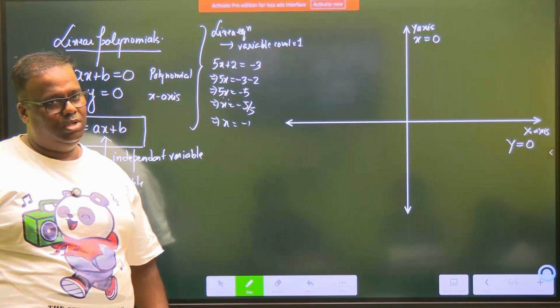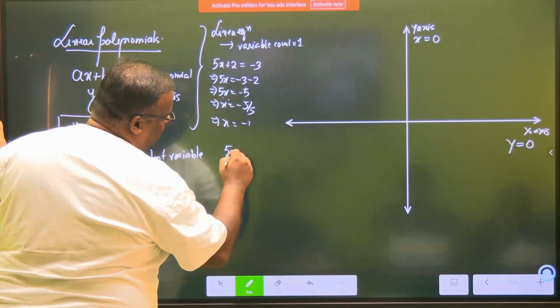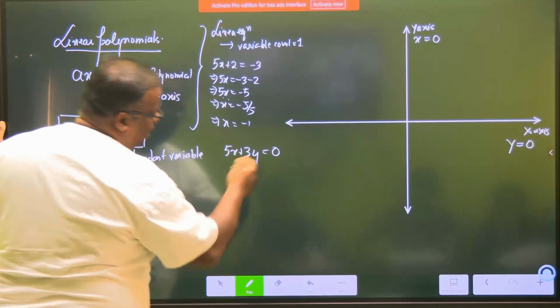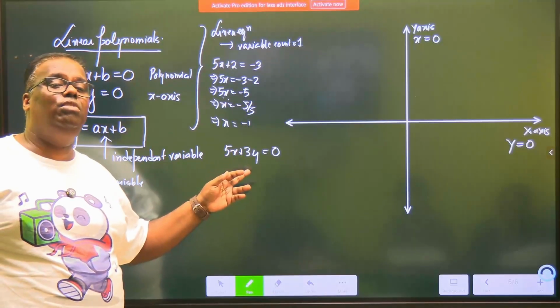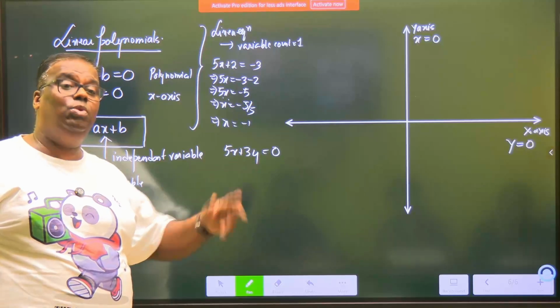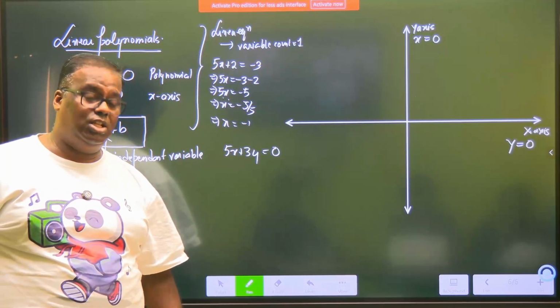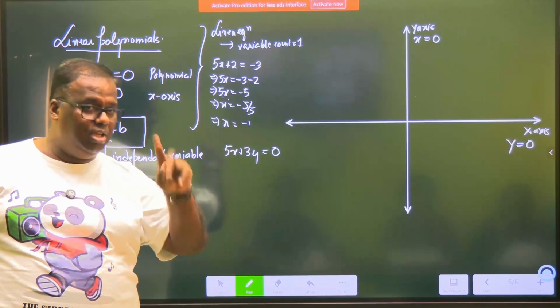Have you understood? However, if your equation was 5x plus 3y equal to 0, and they ask you to find the values of x and y, we can't solve this. How many variables? 2 variables. You will need 2 equations to solve it, which you will do in grade 10. That's why in grade 10, the chapter's name is linear equations in 2 variables.